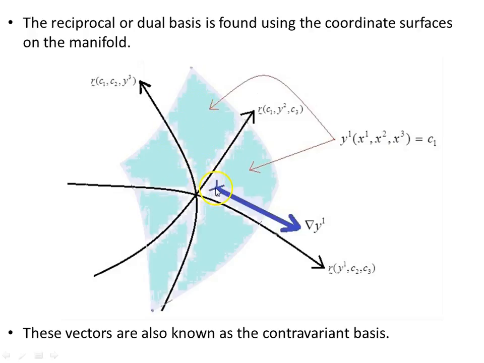So a normal pointing out of that surface in a positive direction would be coming out this way, in the direction of the first coordinate curve. So this is our first coordinate surface. There's not room to put the others in, otherwise the diagram would be very messy. But there are 2 other coordinate surfaces as well. And these vectors are known as a contravariant basis. That's these blue ones here. So we have a contravariant basis, one of which is shown here.